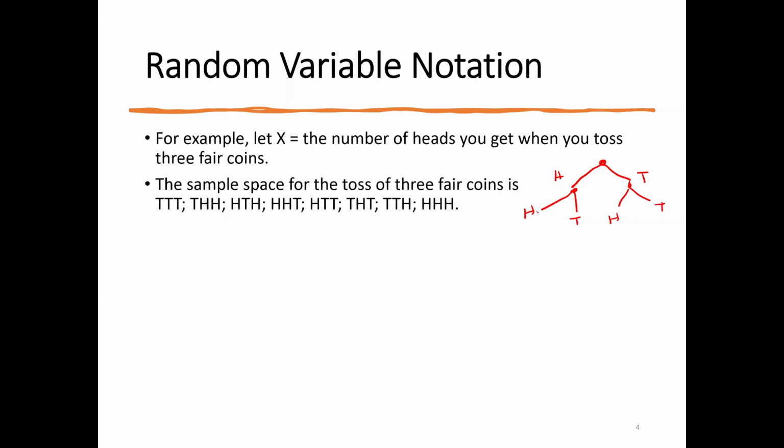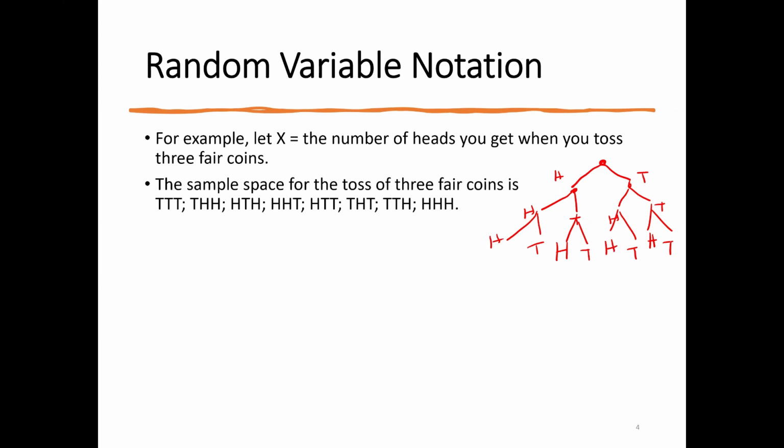And then for each one of those, I could get a head or a tail, head, tail, head, tail. So you could find the sample space. It's a pretty small sample space, fairly easy to find using a tree diagram.